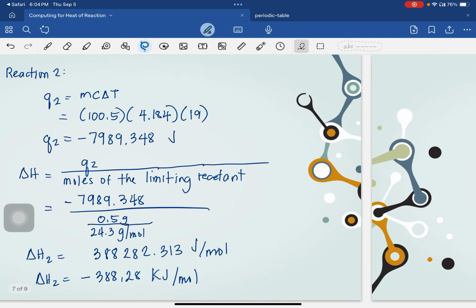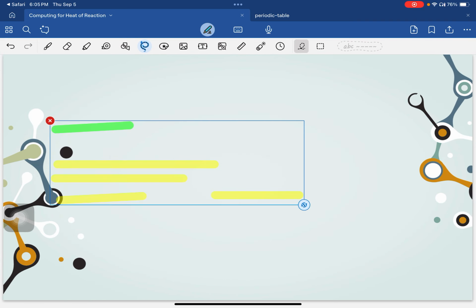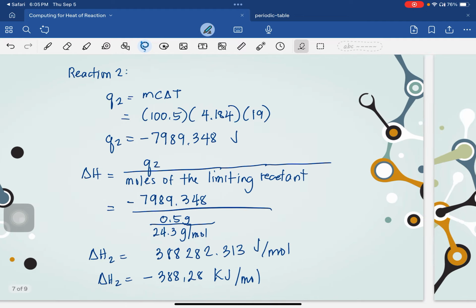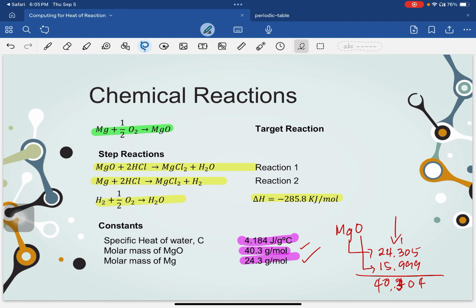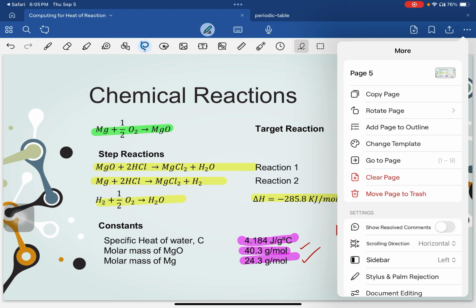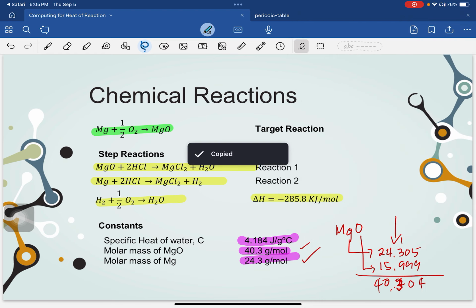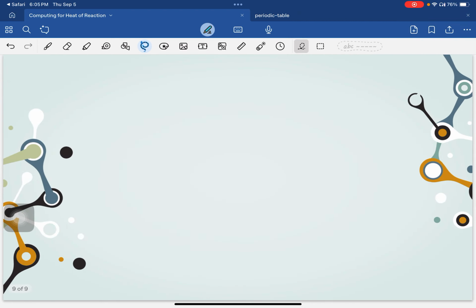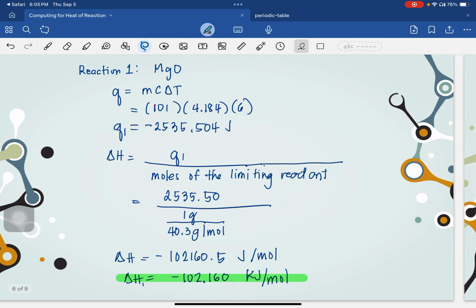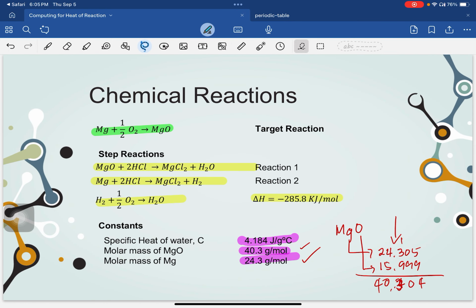Can I actually duplicate the page? I guess I cannot. In GoodNotes, I cannot duplicate it. Let's see if it's copied. No, it's not copied. So let's just rewrite it. Or probably I could erase it and I can copy it. I guess that'll be better.